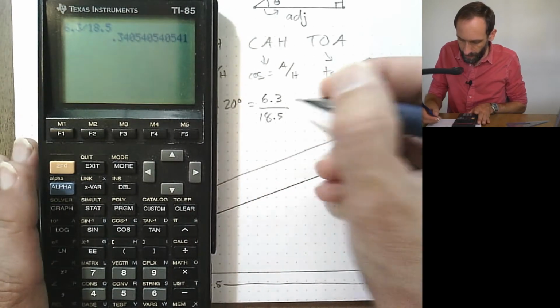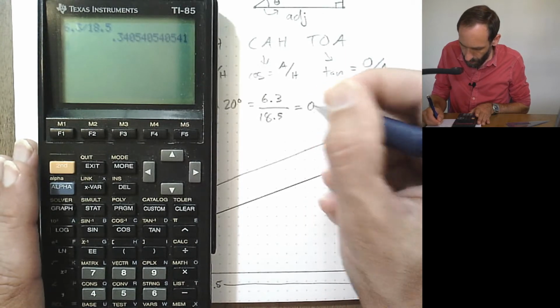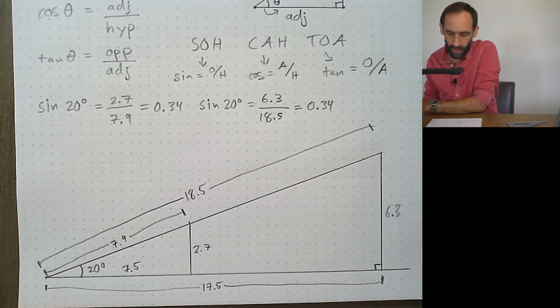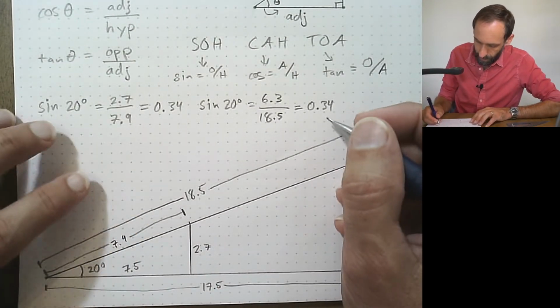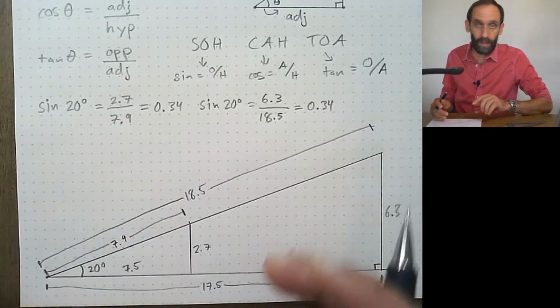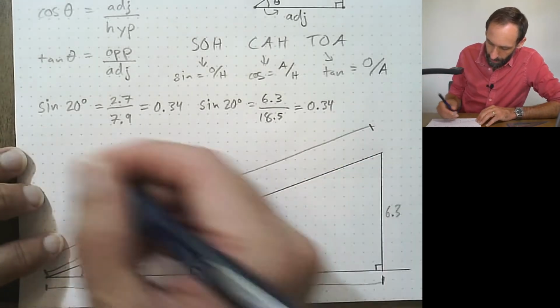Once again, if we round that to the nearest hundredth, that's going to give us 0.34. So it turns out that to the nearest hundredth, my measurements seem precise enough in the sense that I got the same thing. Now that doesn't mean they're perfectly accurate. We'll check the table later.